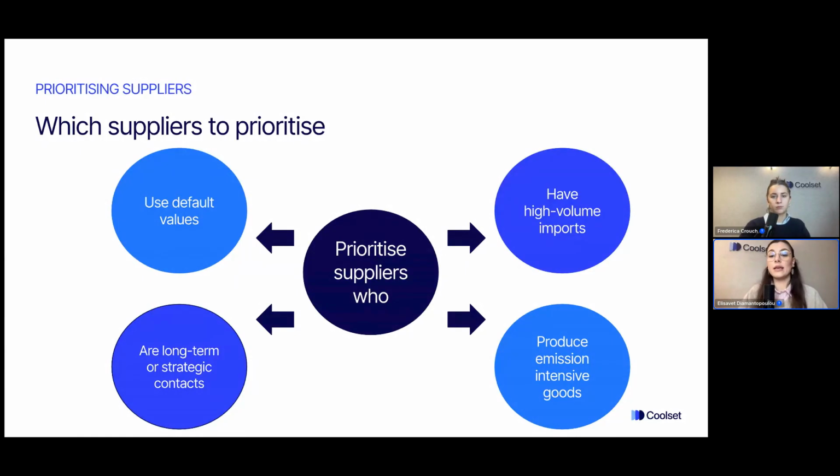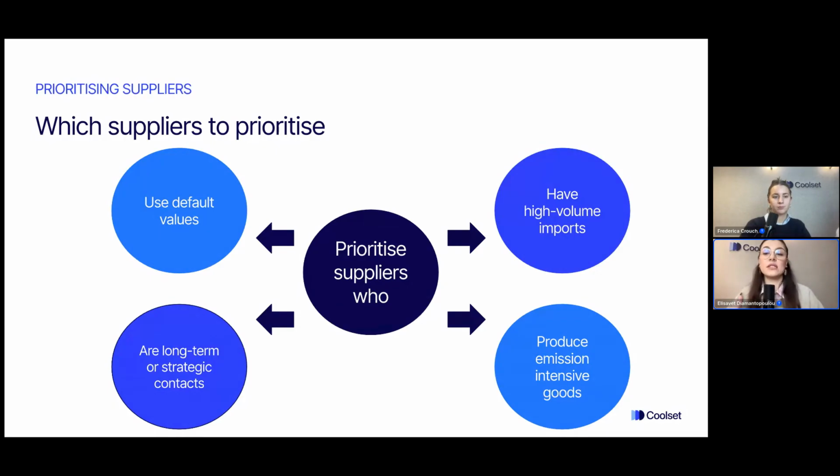Similarly, maybe you have suppliers that produce more emission-intensive goods, so it makes sense that you understand more what's happening and how you can influence that cost. And last but not least, I would personally suggest first investing in the long-term suppliers where you can get better quality of data and then see this paying off year after year.